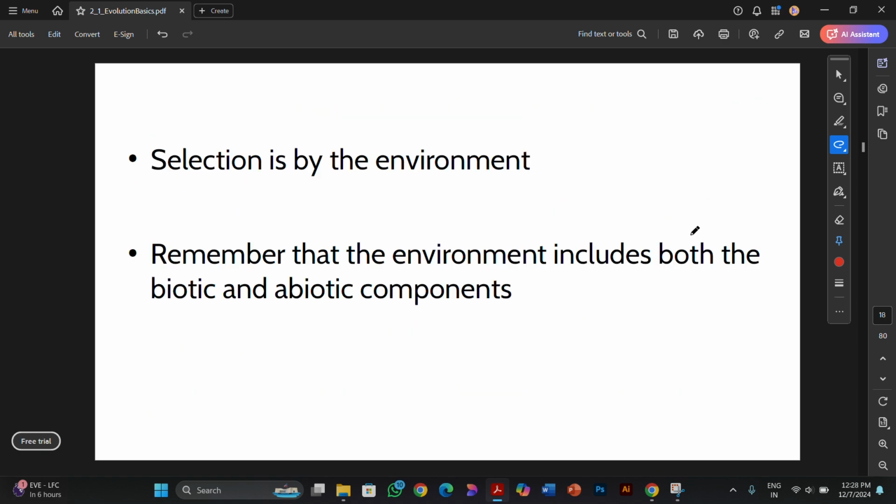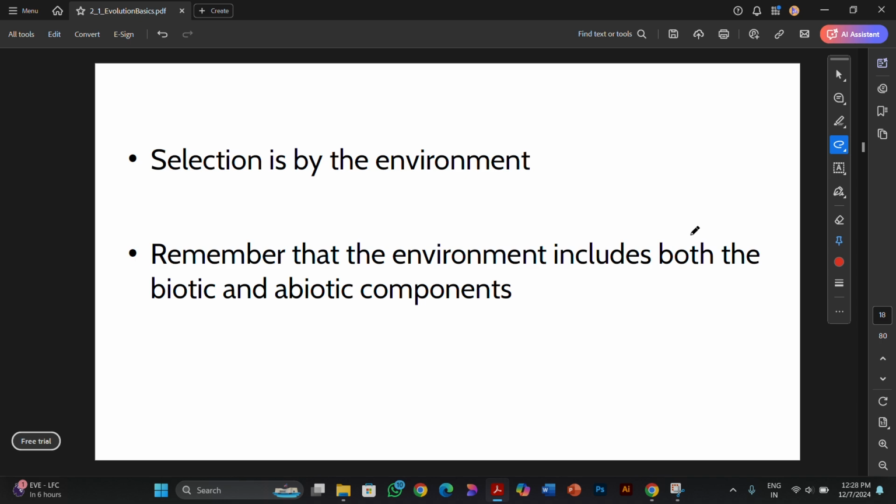Now this is the selection by the environment. There can be biotic and abiotic components. Like the previous example we have given, that a black background and a bird is eating bugs, there the biotic environmental pressure was the bird and the abiotic environmental pressure was the black background.